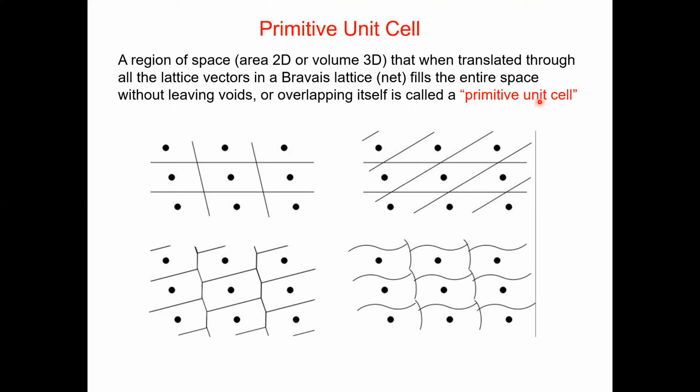Remember that last lecture we learned how to build up the primitive vectors for simple cubic, BCC, and FCC.